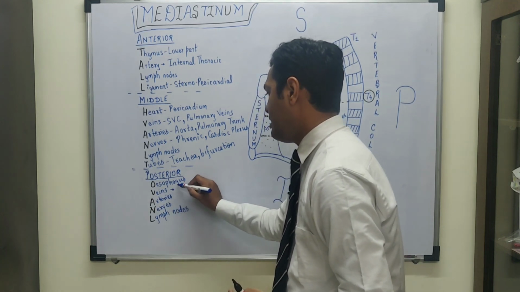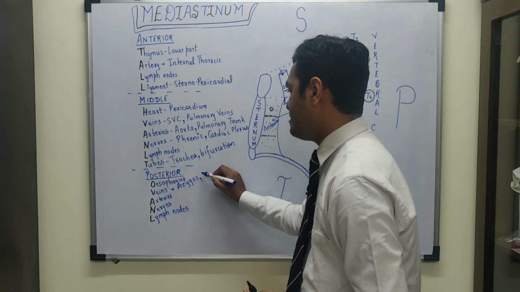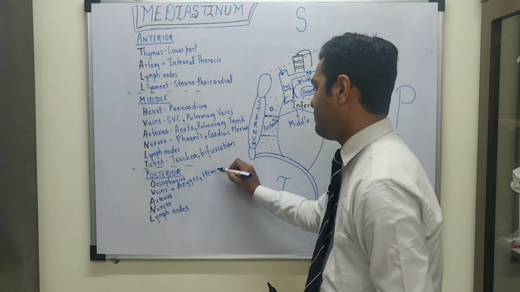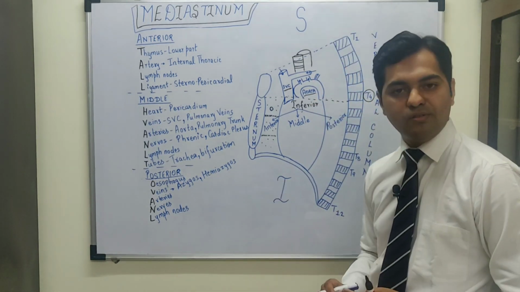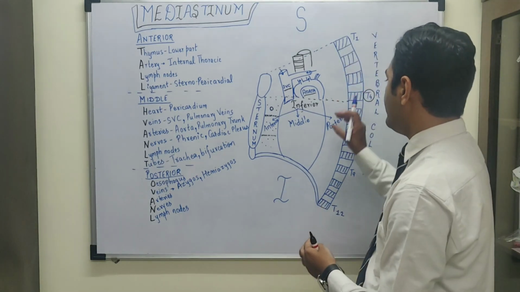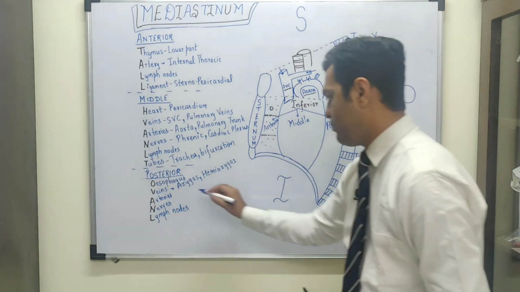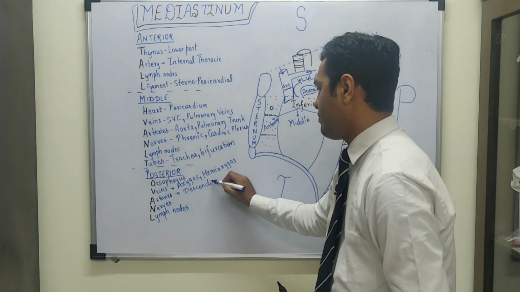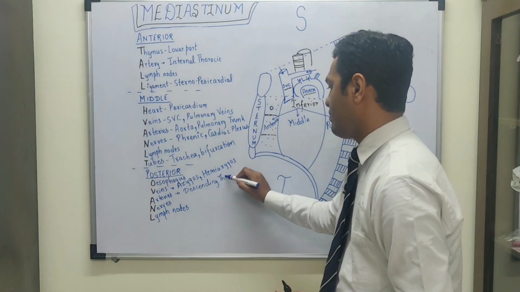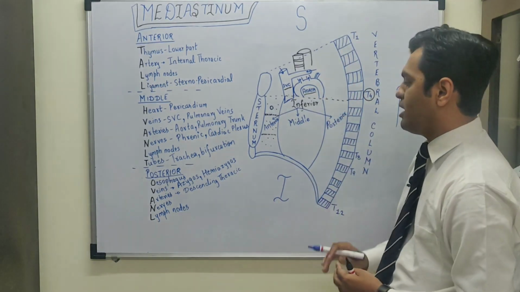In the veins part, there are veins like the azygos vein, the hemiazygos vein and the accessory hemiazygos vein. In the arteries, the artery present is the descending thoracic aorta. So the descending thoracic aorta is one of the contents of the posterior mediastinum.